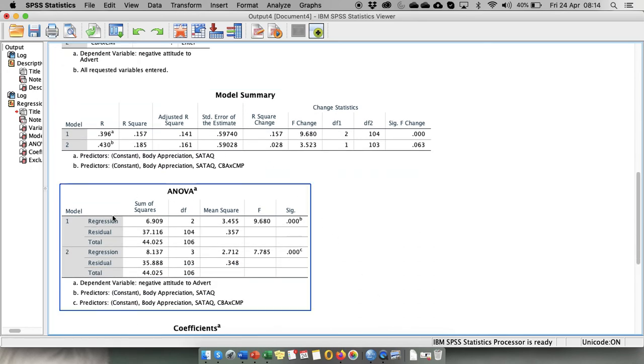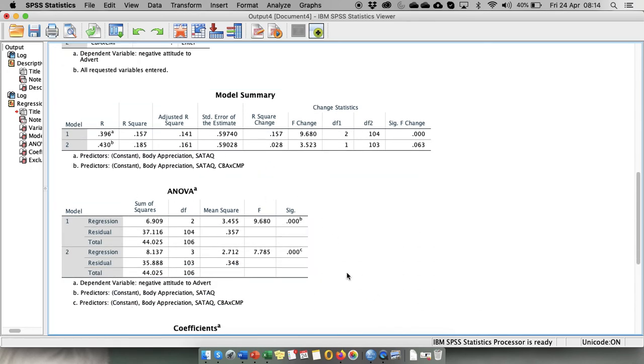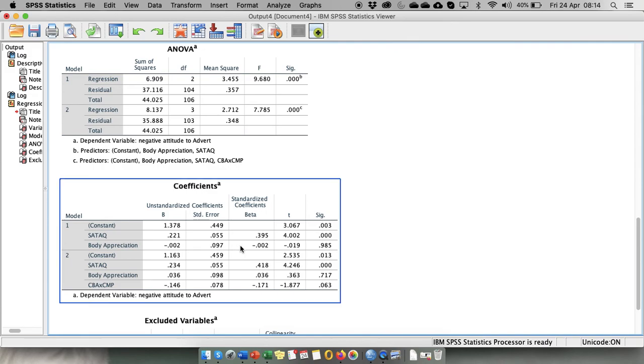The model overall is significant, but it is judged as significant mainly because we have a main effect of body appreciation and a main effect of media pressure. Let's check that. Here we can see what's happening.